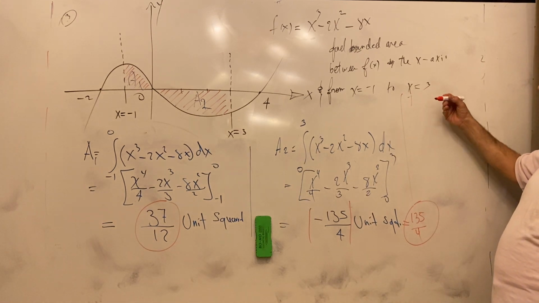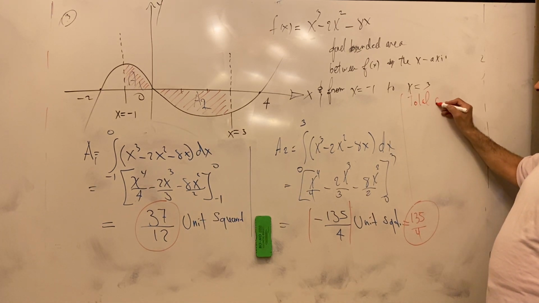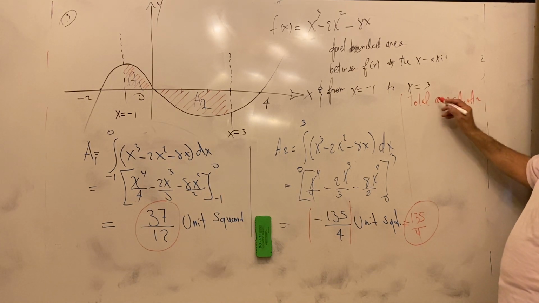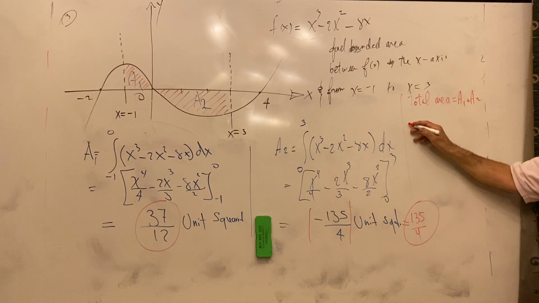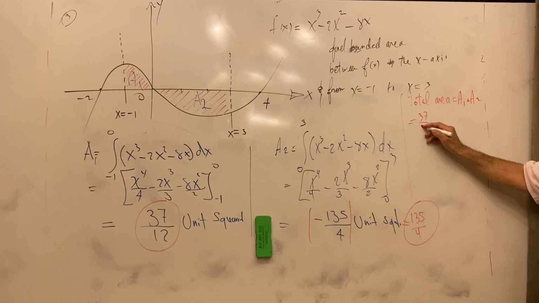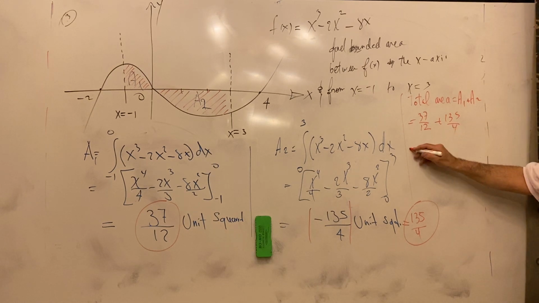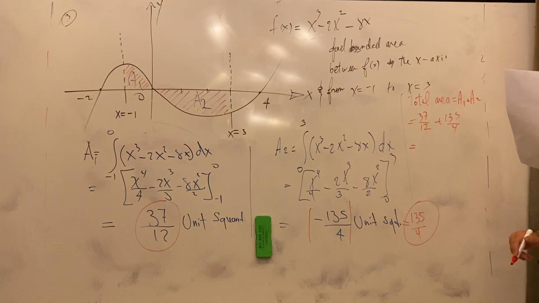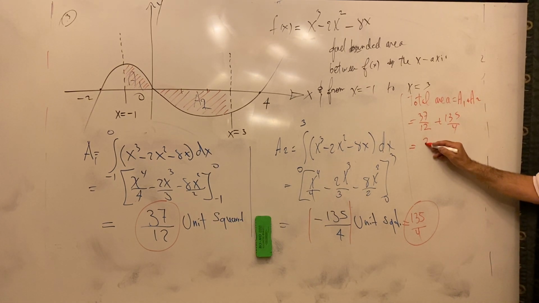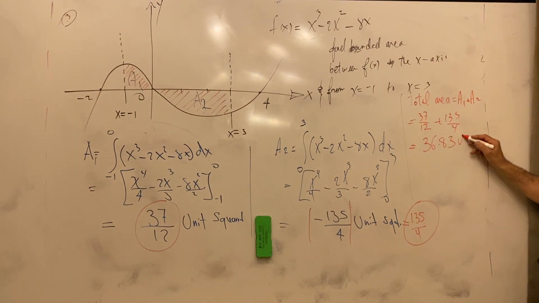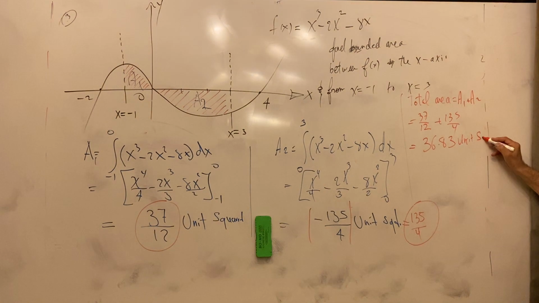Total area equals area 1 plus area 2. Since area 1 is 37 over 12 and area 2 is 135 over 4, I did my homework and the answer is about 36.83 unit squared.